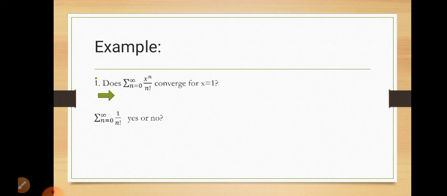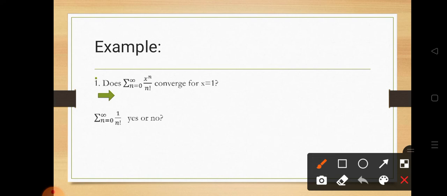We can plug in x equal to 1 into the sum, so we are looking at this one. Does this sum converge by either the ratio or the root test? Yes.